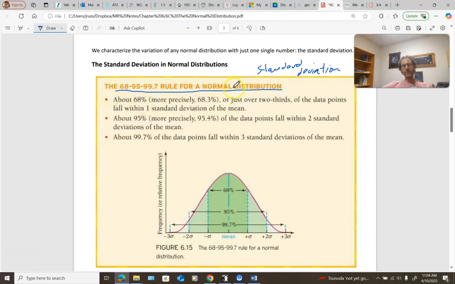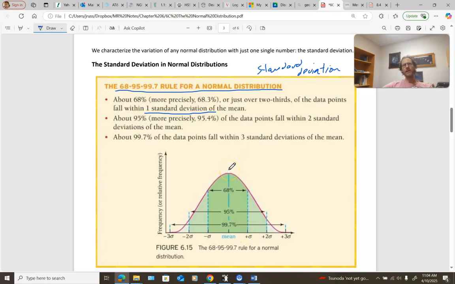It says in a normally distributed data set, about 68% of the data is going to fall within one standard deviation of the mean. What do I mean by this? Let me give you an example.